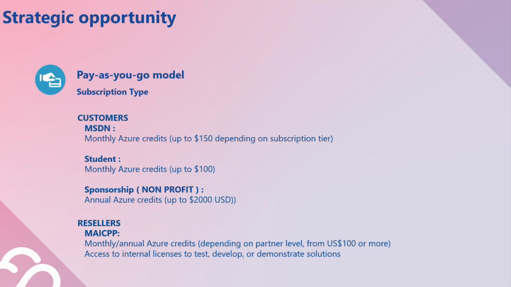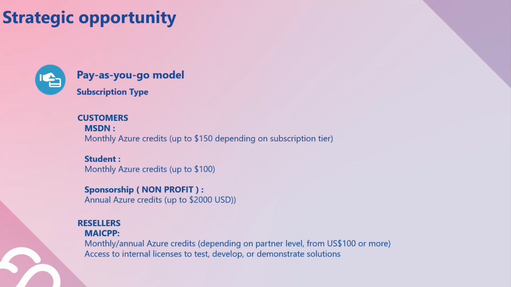What's next? Yes, for you, the reseller, the MAICPP program, what we called in the past the MPN, the Microsoft Partner Network, offers you an opportunity with an Azure subscription with a monthly or annual Azure credit, depending on the partner level, maybe from 100 US dollars per month with the basic model.